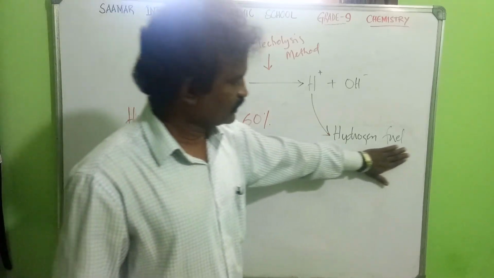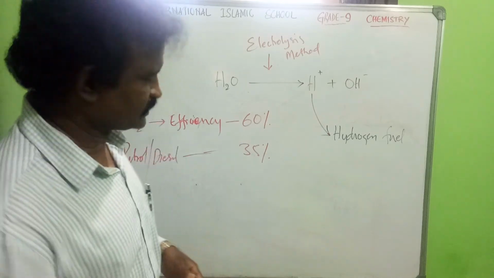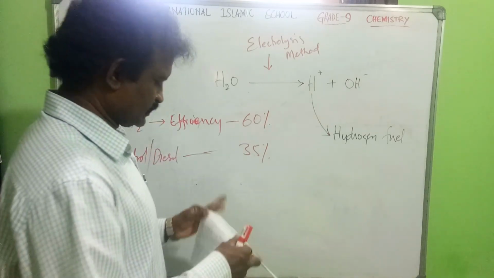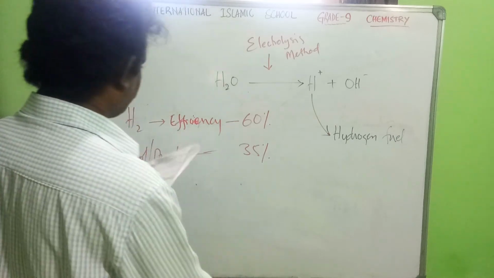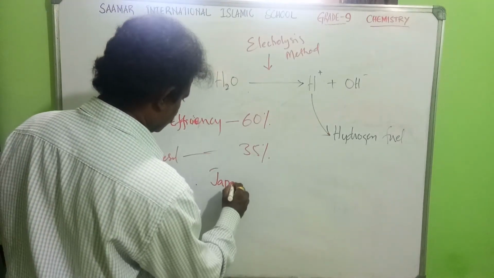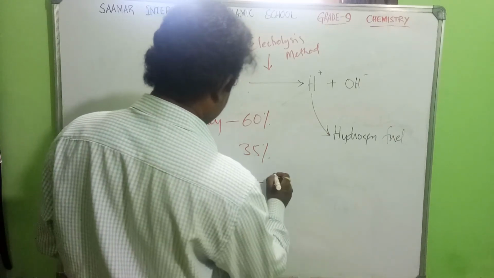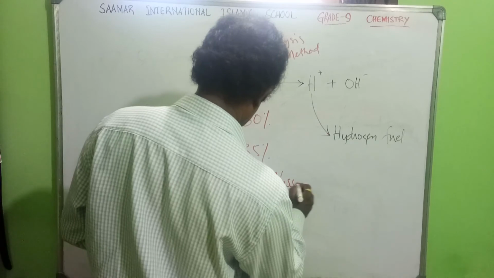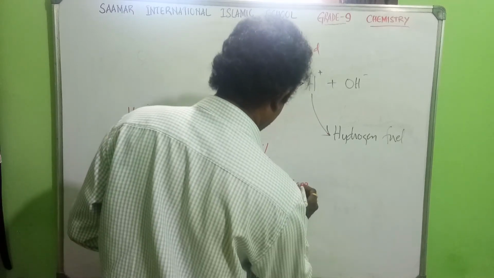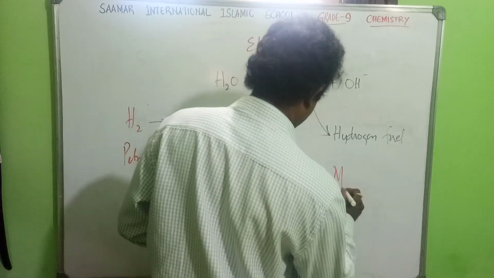The next one, if you see Japan, Nissan and Mazda, these are the two companies. In Japan, these two car companies started using this. So the car has been designed on this hydrogen.